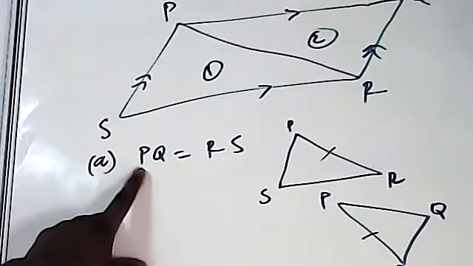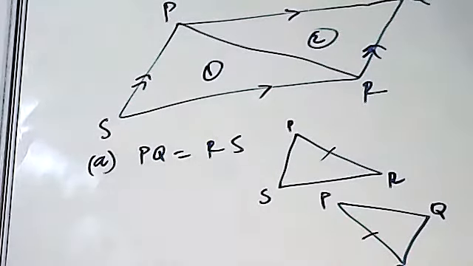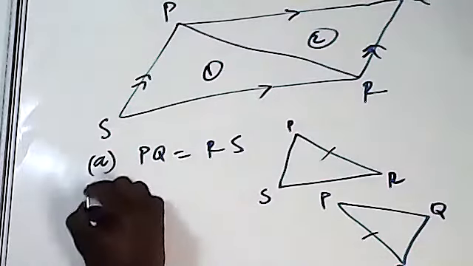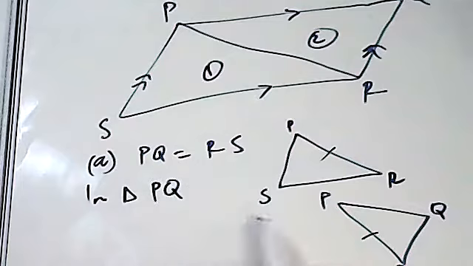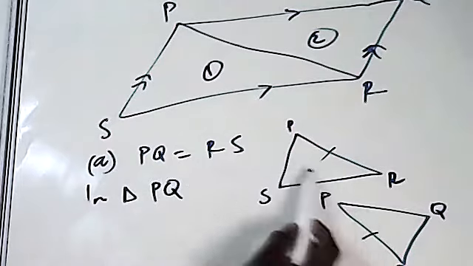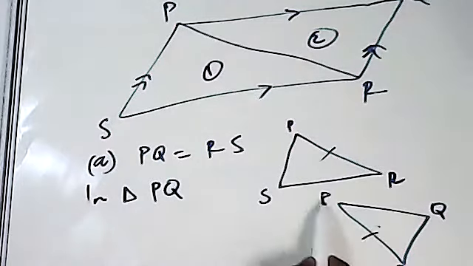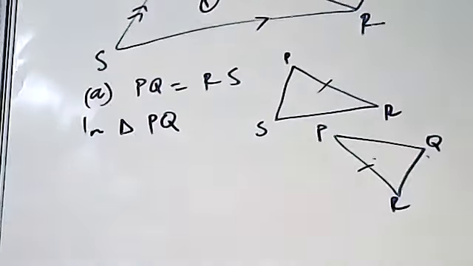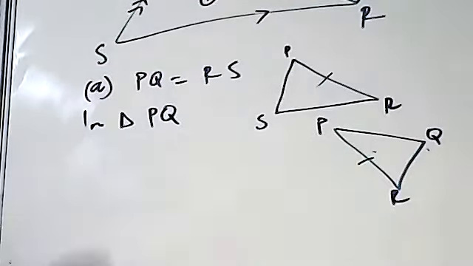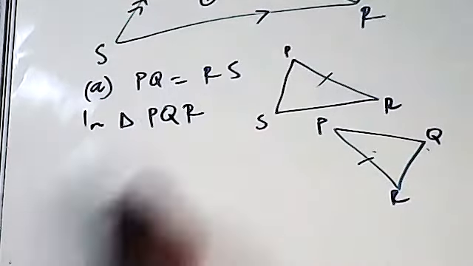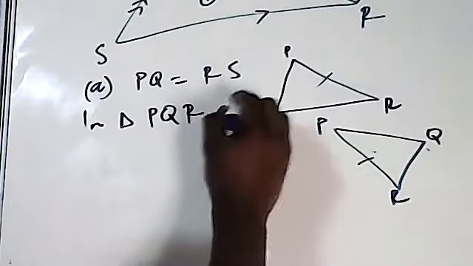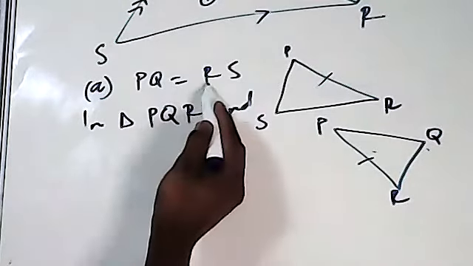What am I saying? You can see that they started with PQ and RS. So you start by saying: which triangle has PQ? Obviously it's this one. If I take PQ, I'll be left with R, because I have PQR, so that is the name of this triangle. And then this one has to start with RS.